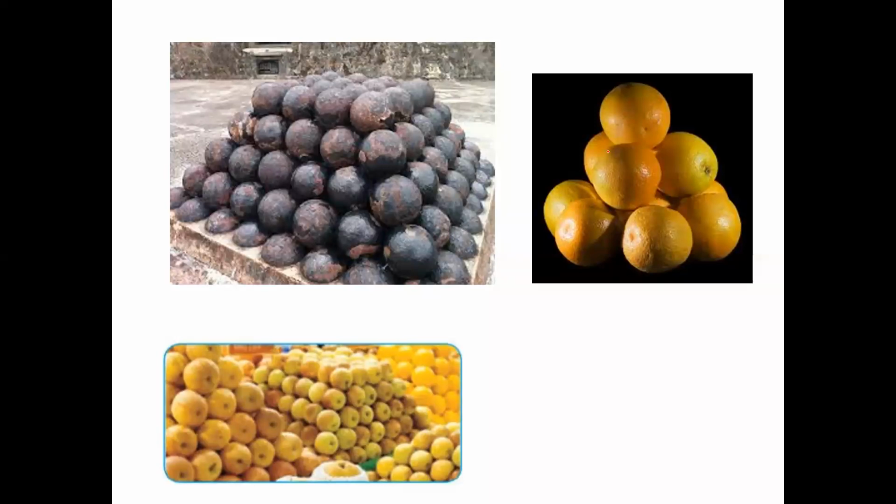These are the 3 spheres forming an equilateral triangle like this, and you are keeping another one on the groove created by these 3 spheres of the lower layer. This one is the top layer and this one is the lower layer.